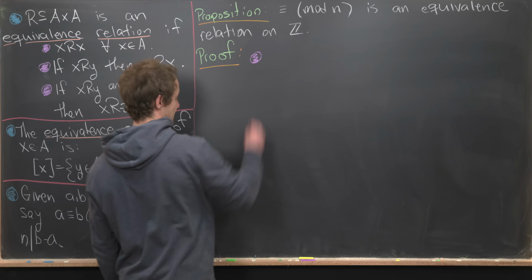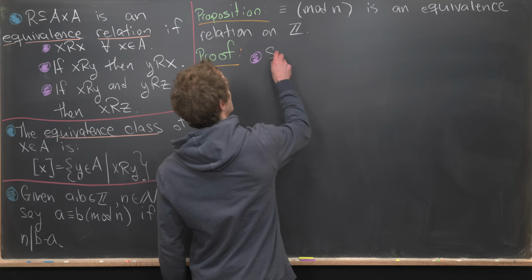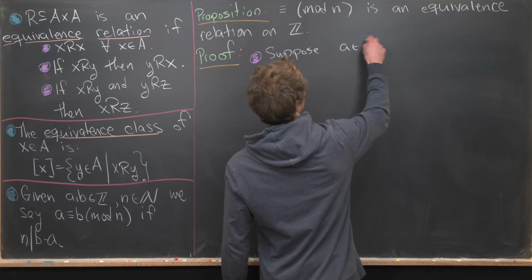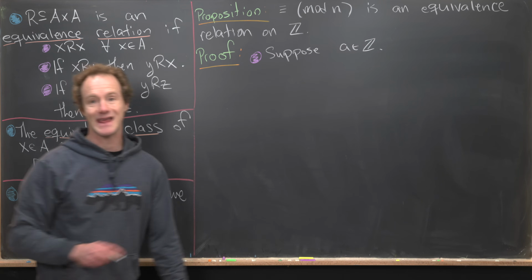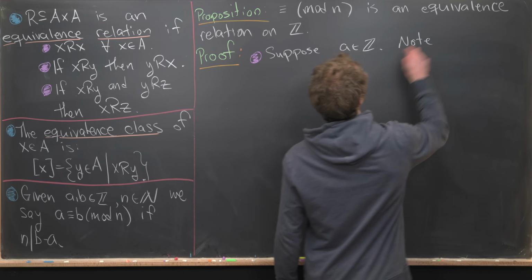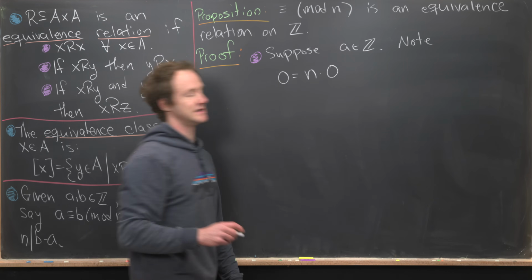So we'll check that it satisfies reflexivity first. So let's suppose that we've got some arbitrary integer. So I'm going to write this as we've got an a in Z. And then I want to notice that we can write 0 as n times 0.